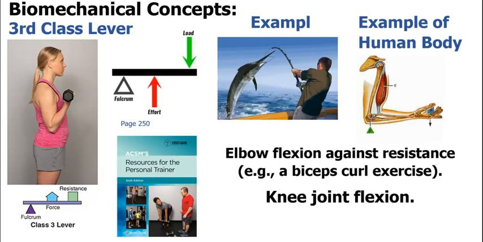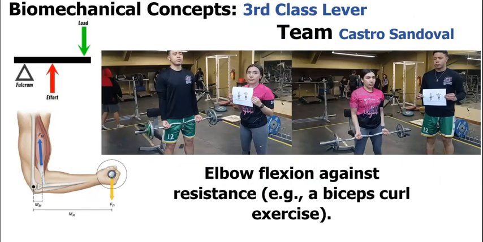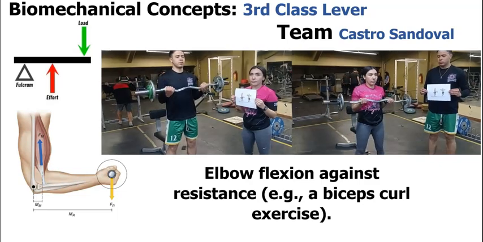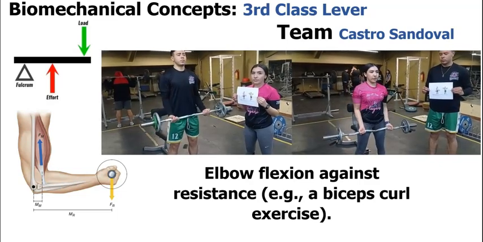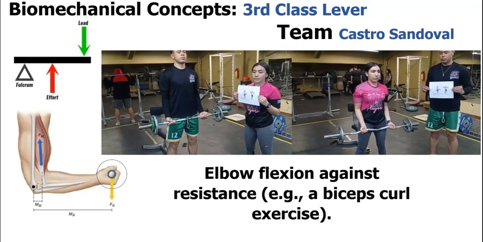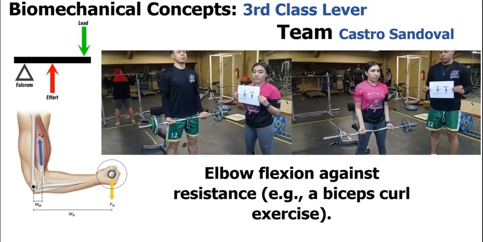More about this: we have the example here in the team. We can see the elbow flexion against resistance in the bicep curl exercise.